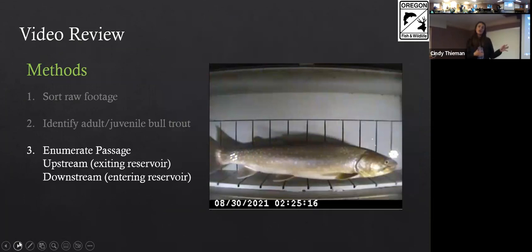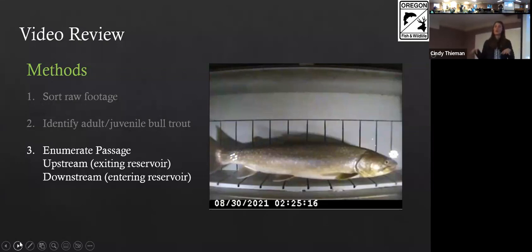And so once that step's complete, the final step as far as our video footage review is to enumerate passage. What that really means is that we're looking at the passage direction and timing of fish moving upstream. So in the case of the video, fish moving left to right are moving upstream.